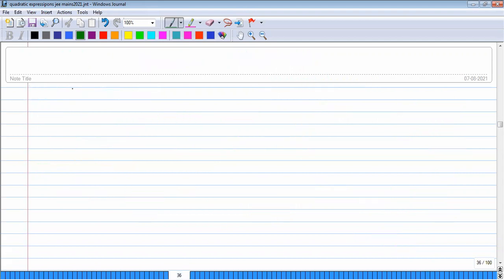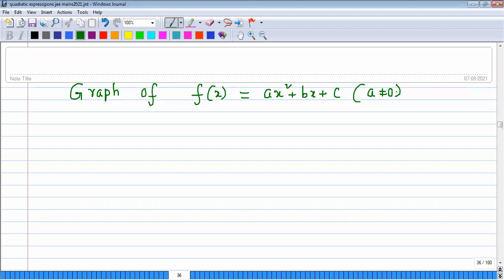So what is the graph of f of x equals ax square plus bx plus c when a does not equal 0?